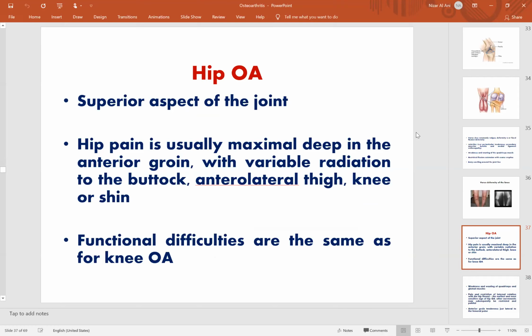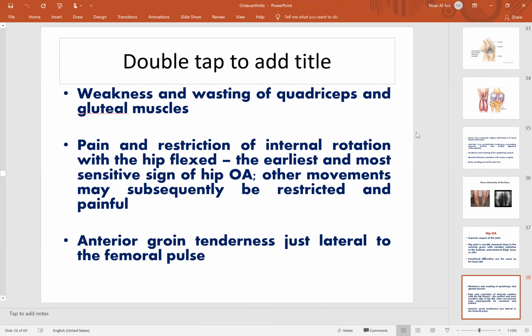What about hip osteoarthritis? Usually, it affects the superior aspect of the joint. Hip pain is usually maximal deep in the anterior groin with variable radiation to the buttock, anterolateral thigh, knee or shin. Also, there will be functional difficulties as in knee osteoarthritis.